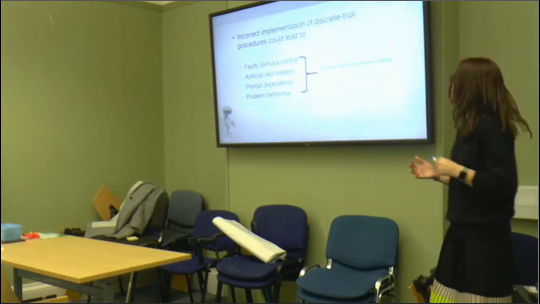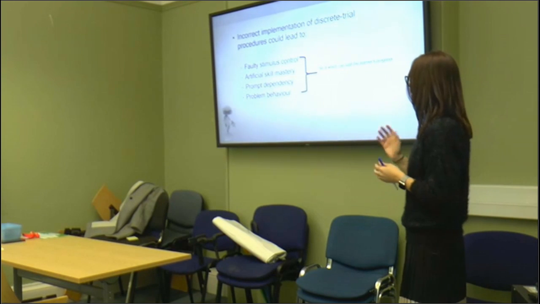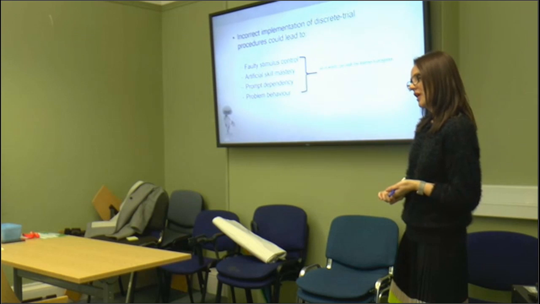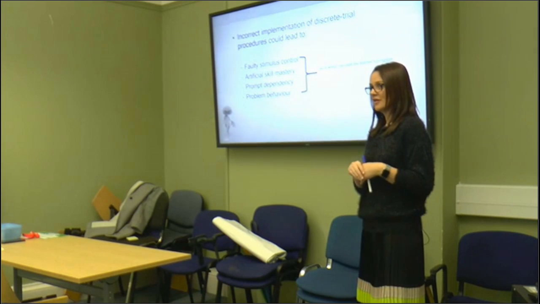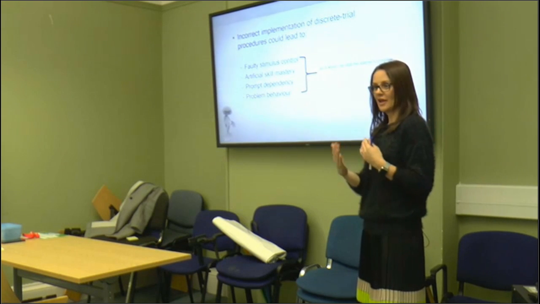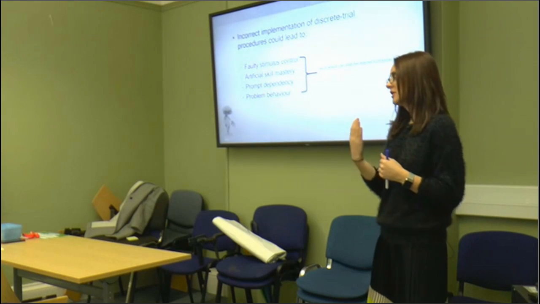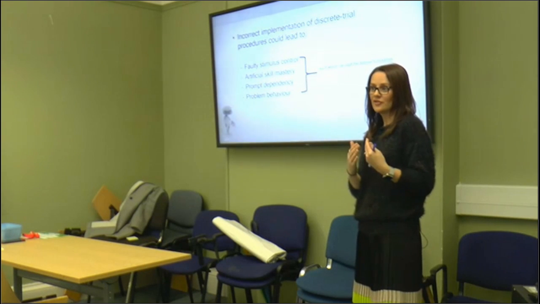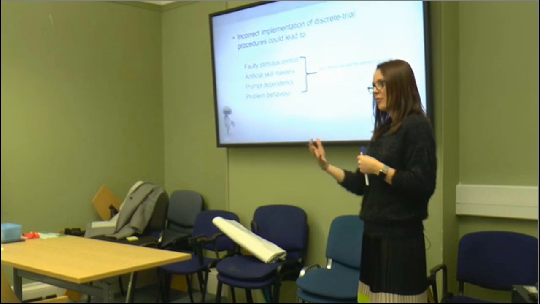So incorrect implementation of the discrete trial could lead to faulty stimulus control and artificial skill mastery, where the child appears to have gained the skill and is fully competent and fluent in their repertoire. However, if you do a probe test on that, you may see that the child has been using cues in order to respond correctly, or materials haven't been rotated on the table.